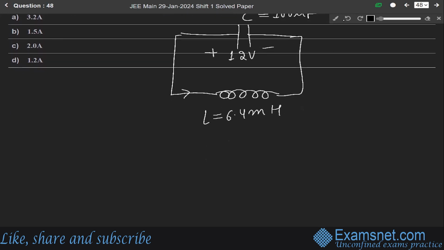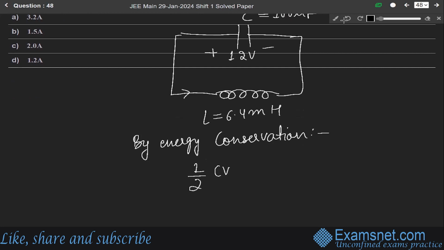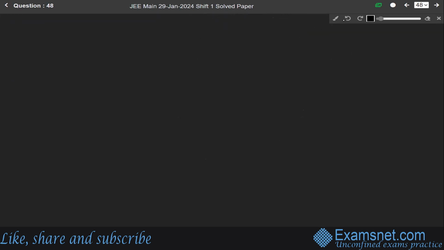So for the maximum value of current, we will use energy conservation. Half CV square will be equal to half L times I maximum square, because we have to find the maximum current.